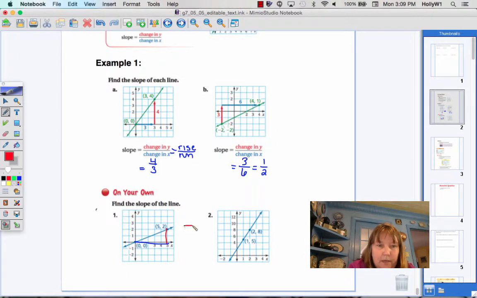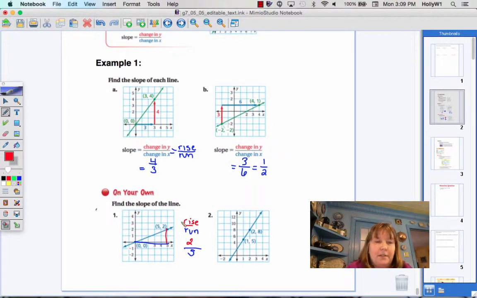Remember that it is the rise divided by the run. So in this case, since I'm in blue, I'm going to do the run first. Start from 0, 0, 1, 2, 3, 4, 5. And the rise is 1, 2. So it would be 2/5.